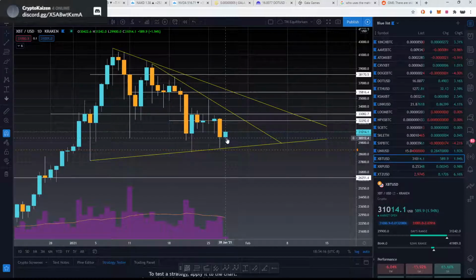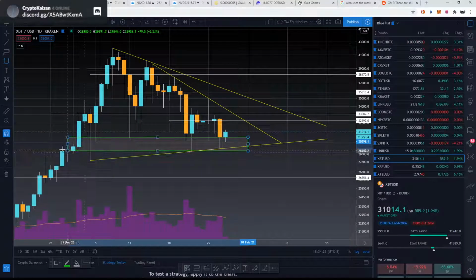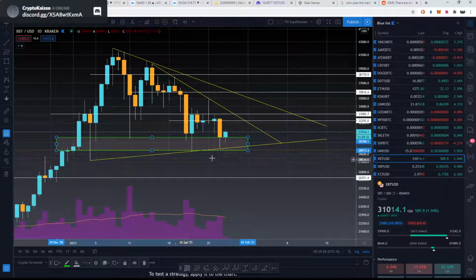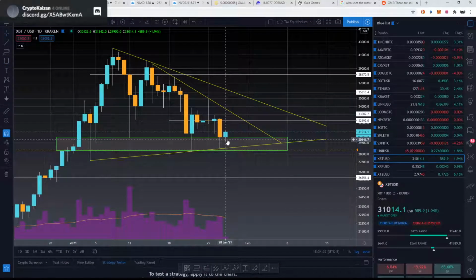So 32.3. And then we're sitting in this range. This little zone seems to be our area of support. So as long as we're above that, we're happy.